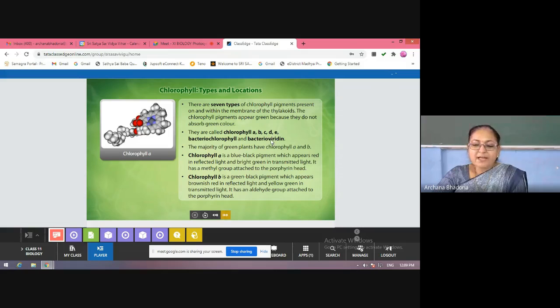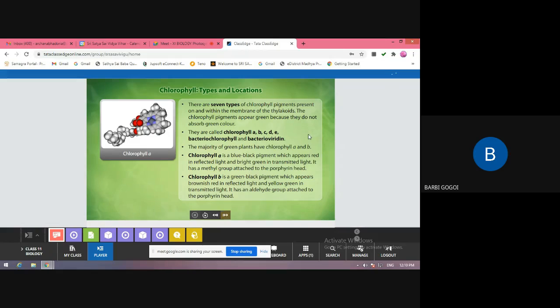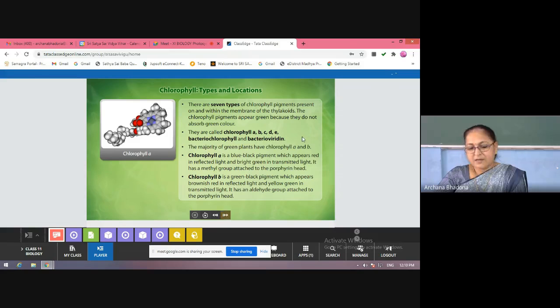So green plants will have which ones? Green plants will have which one, children? Speak up. Green plants will have which chlorophyll pigments? Chlorophyll A, B, C, D, E. Right.